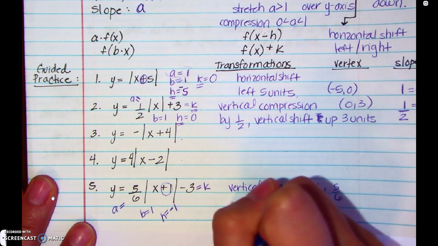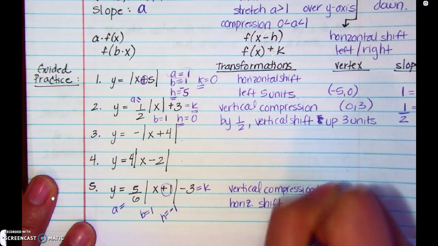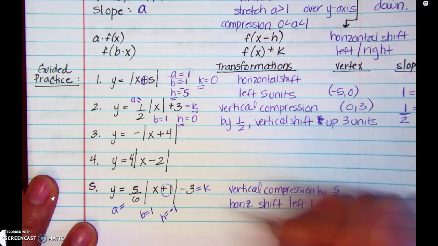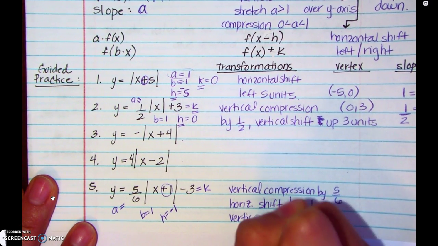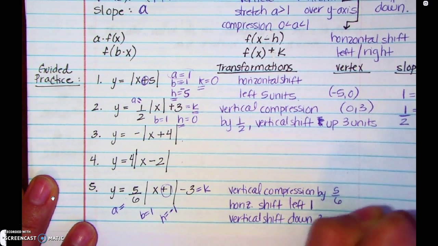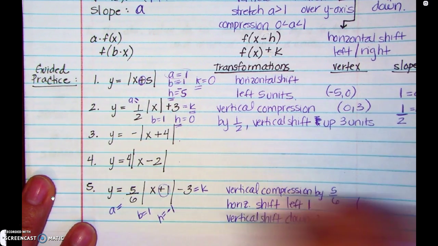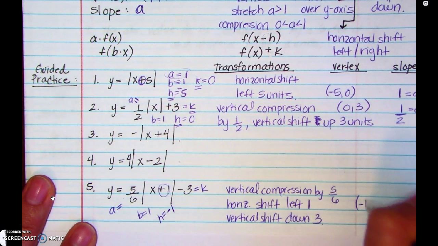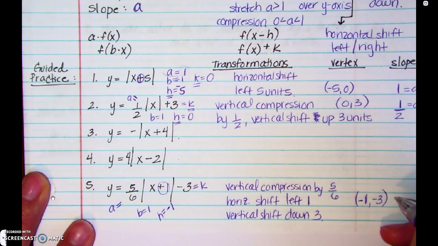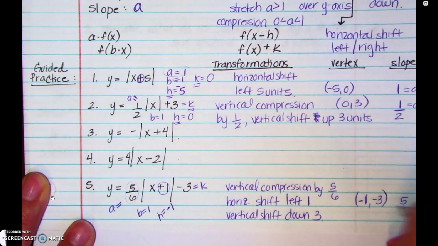It's also a horizontal shift. Is it left or right? It's going to go to the left, 1. And then it is a vertical shift up or down. In this case, it's down 3 units. Your vertex is HK. So whatever H is and whatever K is. And then finally, your slope would be your A value, which in this case is 5/6.